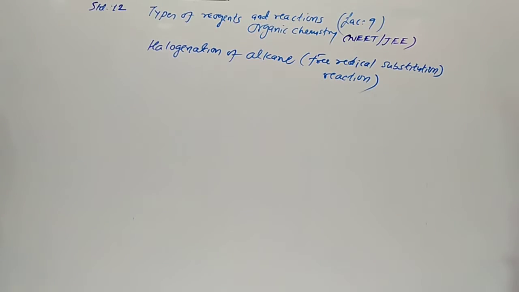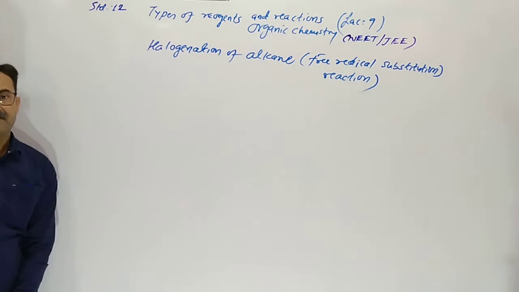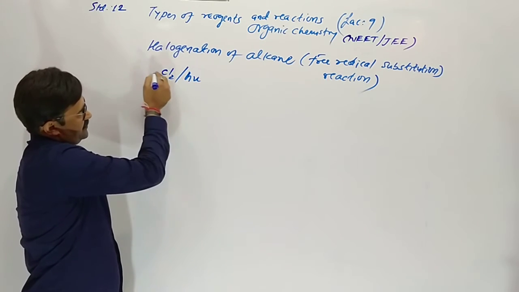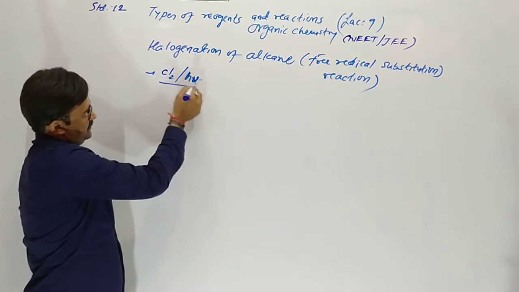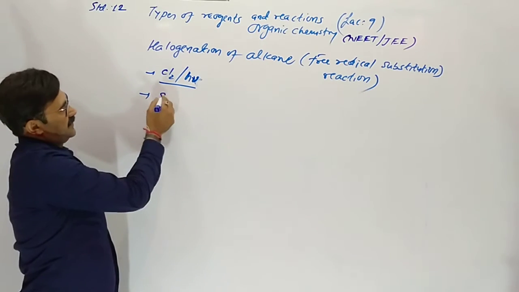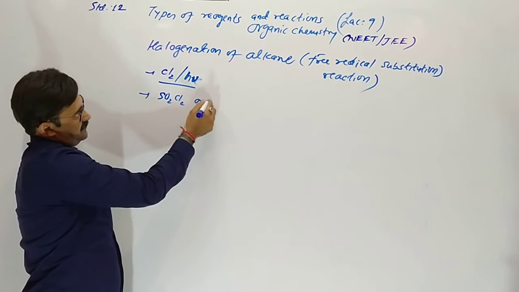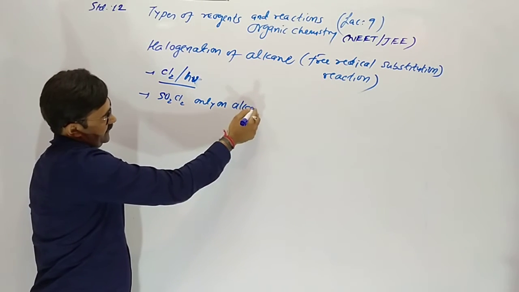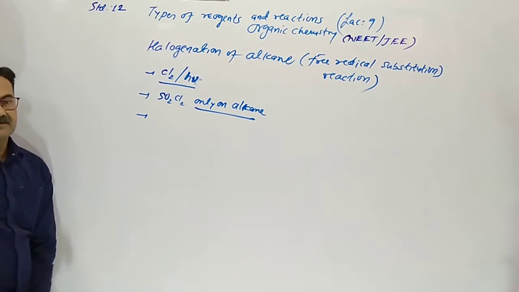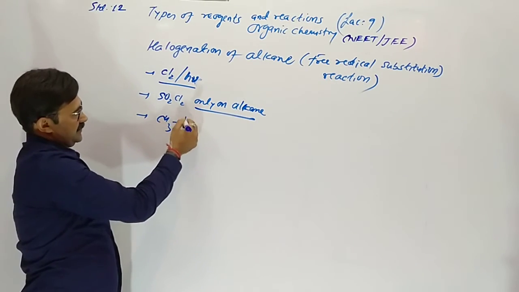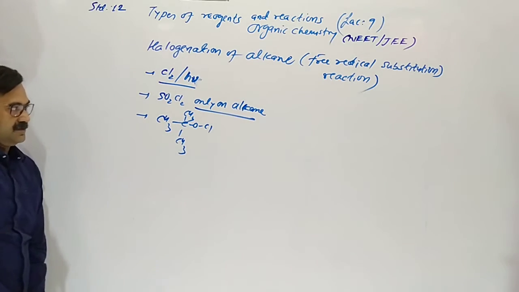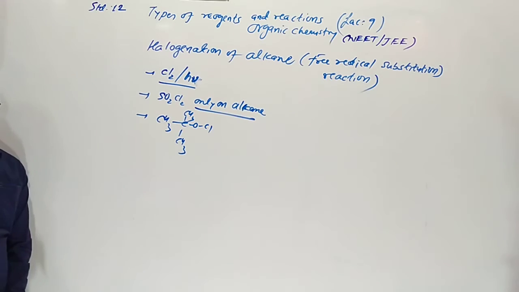By free radical substitution reaction, which gives a free radical. Chlorine with sunlight gives free radicals. Substitution of alkane. Then SO2Cl2, only on alkane it gives reaction. Then tertiary butyl hypochlorite.